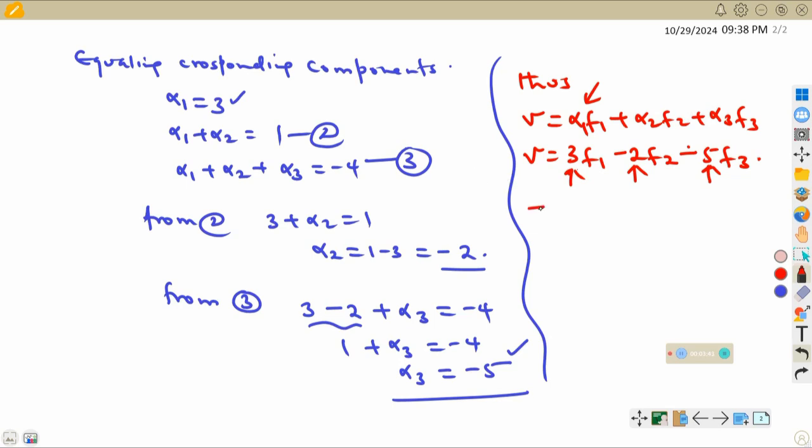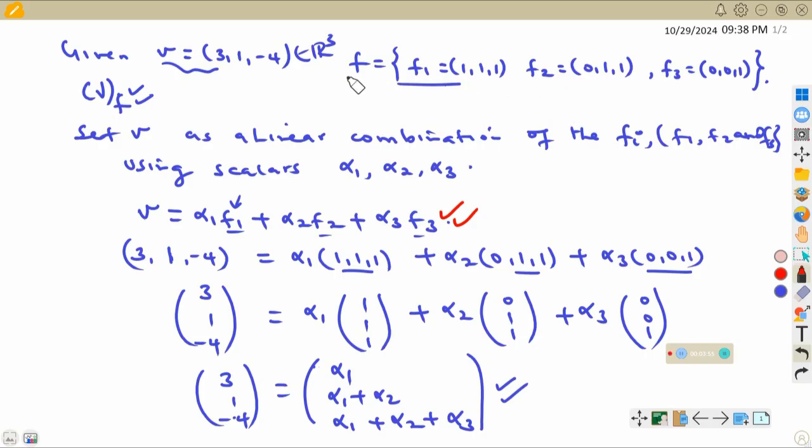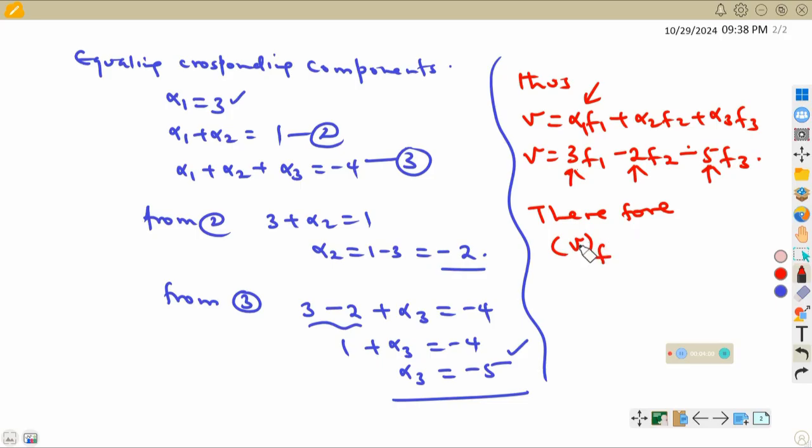So the coordinate vector of v relative to the basis f will be 3, negative 2, and negative 5.